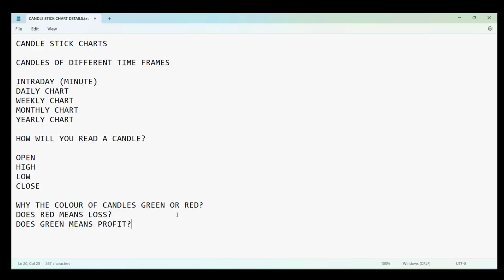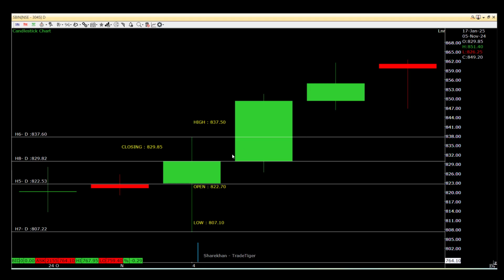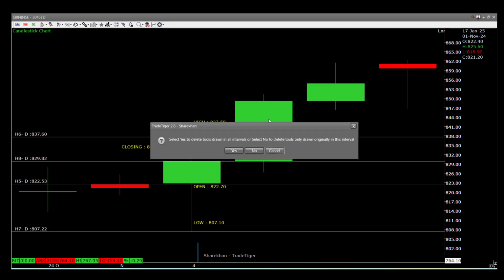Everybody asks this question, that if the candle is red then it may be a loss, or green means profit. But before understanding that, we need to understand why the color of candles is green or red. So basically there is nothing. We will just delete it and understand it.